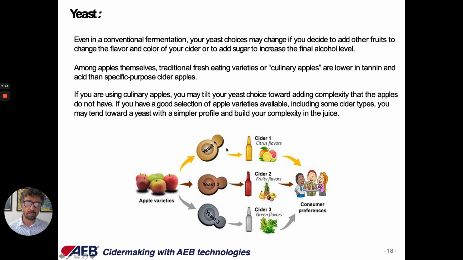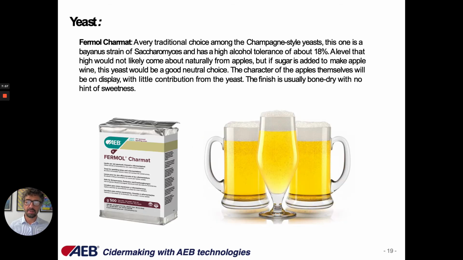Or we can introduce a variable of the yeast, so a more neutral yeast or a characterizing yeast. So the yeast can give us really a differentiation on the flavors that we're going to get in the final fermented hard cider. So here is a little bit of the yeast that AEB offers to the cider makers.